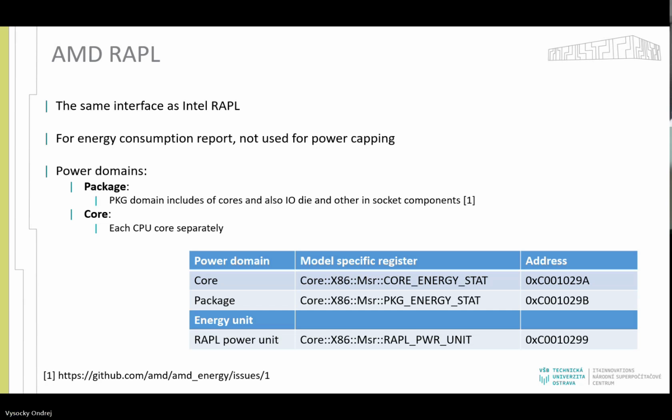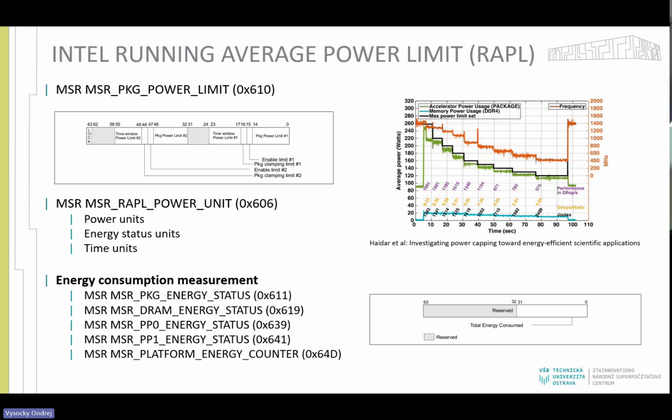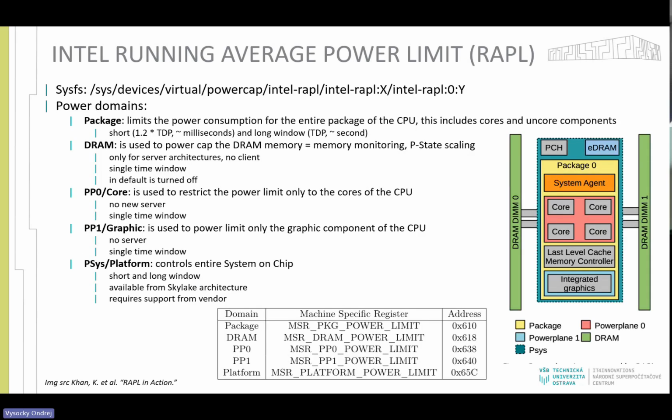In this case, the most important information is that the core is inside the package. While in the case of Intel, we have the package and DRAM power domains, while the platform is not very common to be available.